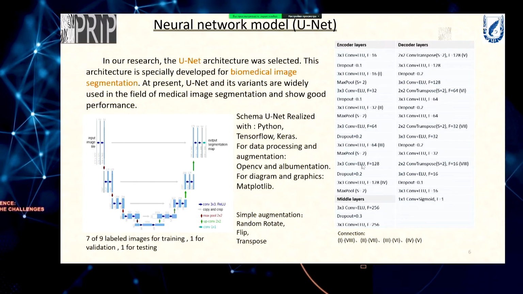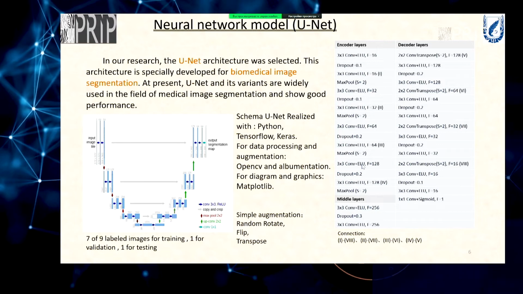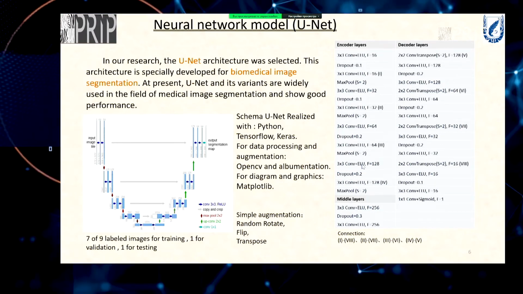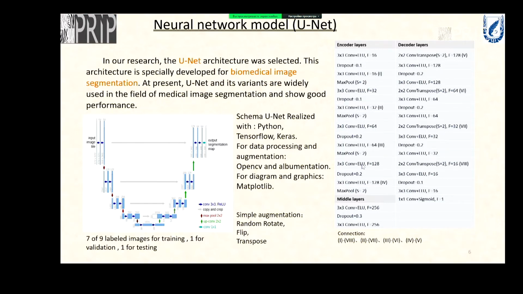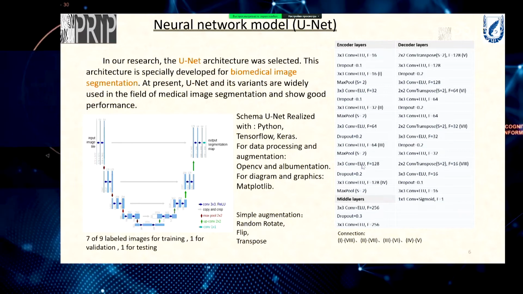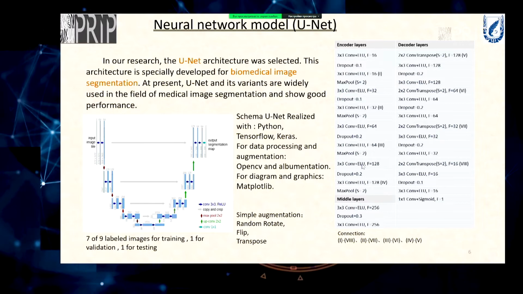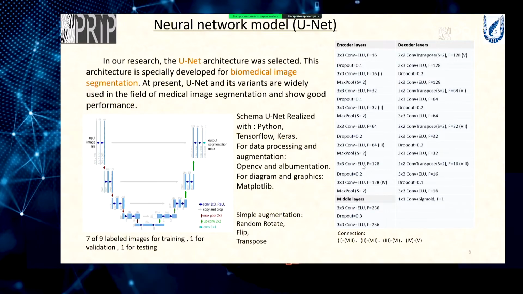On the bottom, it's the libraries and tools we have used to build the structure of UNET. And on the right side, it is the detailed structure of the UNET we have used. It has a little modification on the original one.